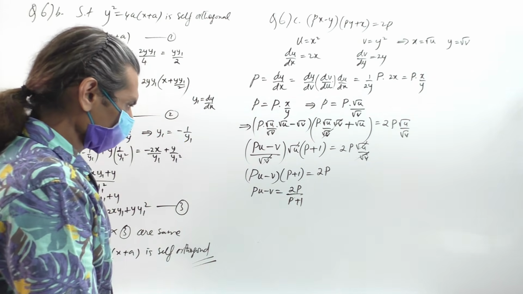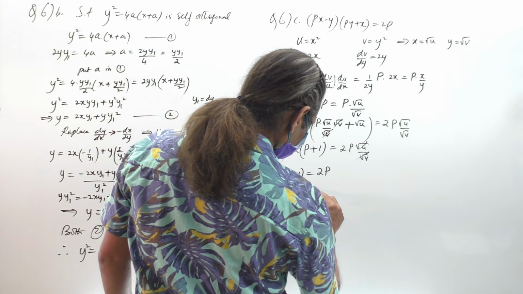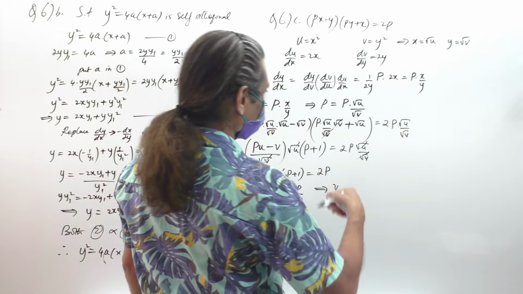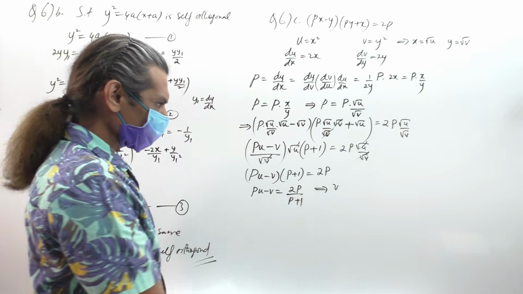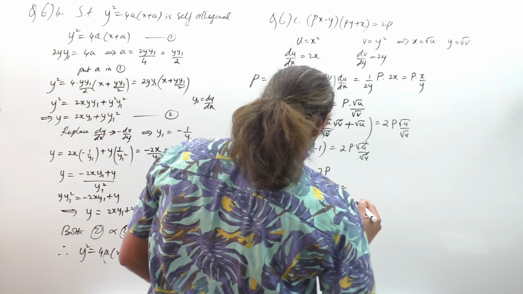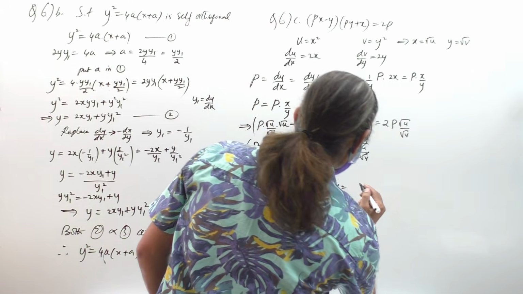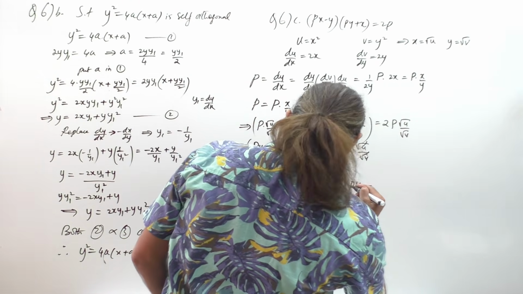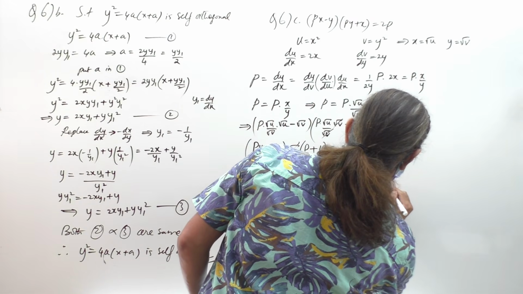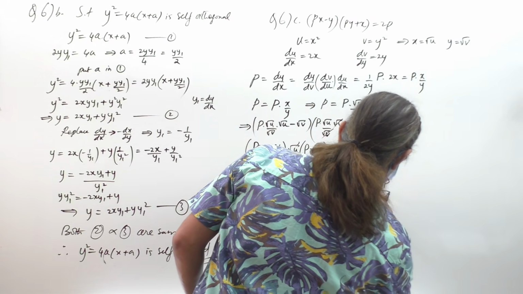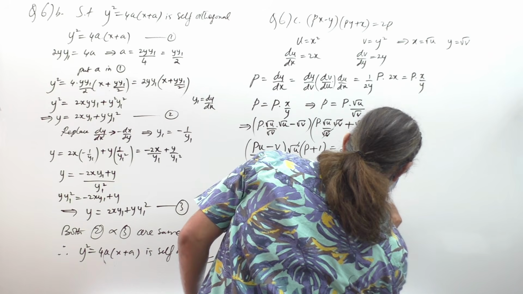Fine. So again I can write this equation in v form, because v is basically y squared. So we can rewrite this v form as capital P u minus 2p by p plus 1. Now this is all capital P.